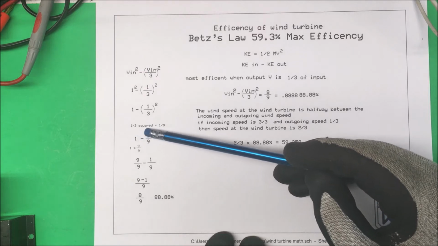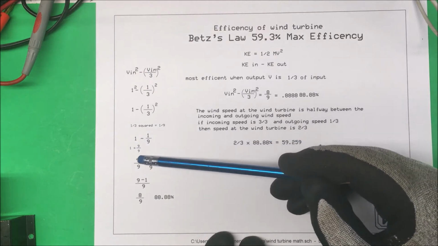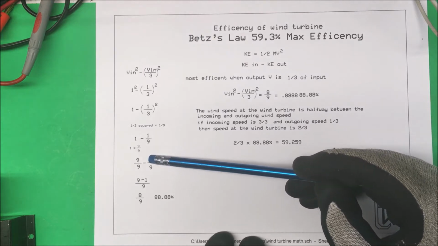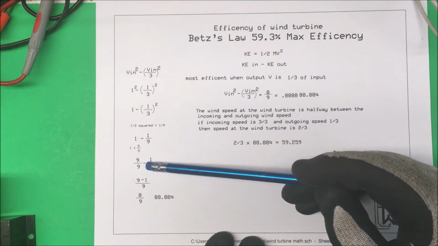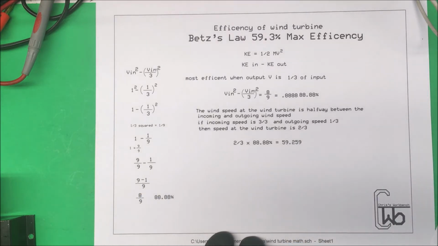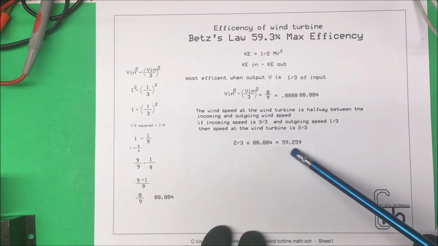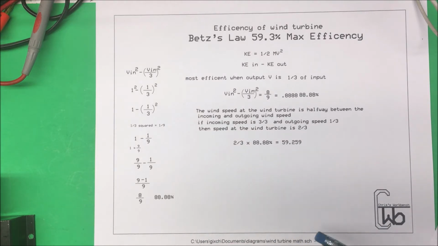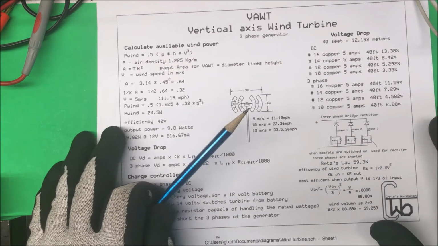Okay, so 1 minus 1/9, now we take the 1 and make that 9/9, and then we subtract this, so we have 9 minus 1 over 9, so that comes out to 8/9 or 88%. Okay, and then we take 2/3 of that to get our 59%. So that's the max efficiency, and I don't think we're getting that. I'm thinking about 40% efficient.